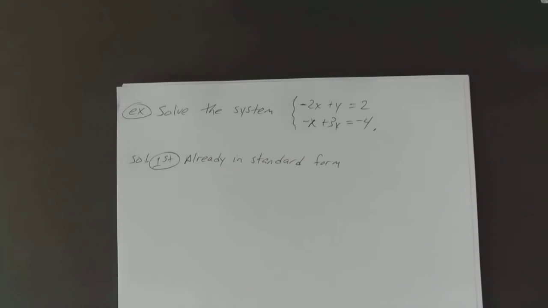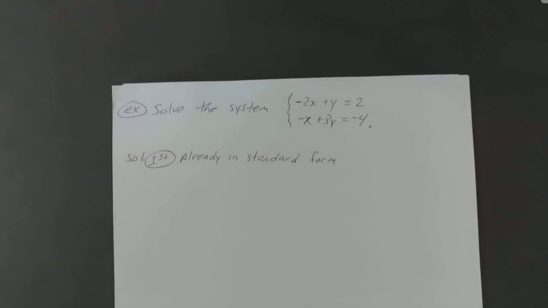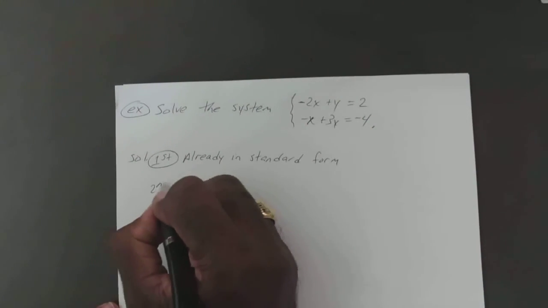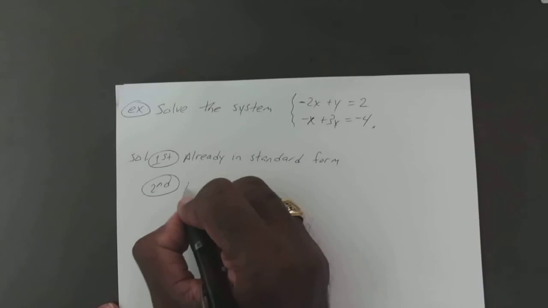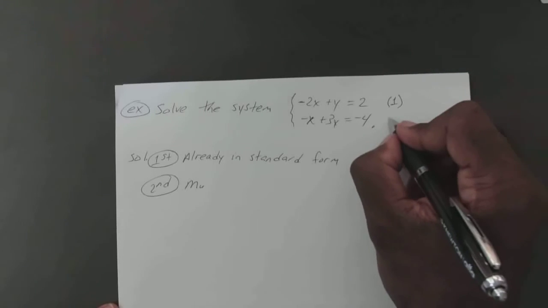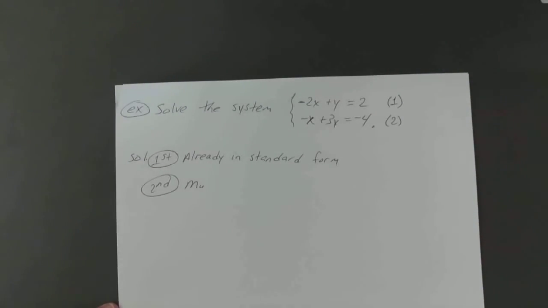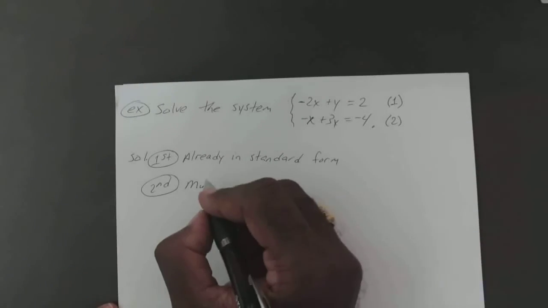I usually pick the one that will look the least irritating. So to me, that's the x. It just looks like it'll be less trouble. Okay, so just to clear it up, we'll call that equation 1, and this equation 2. Okay, just for clarity.